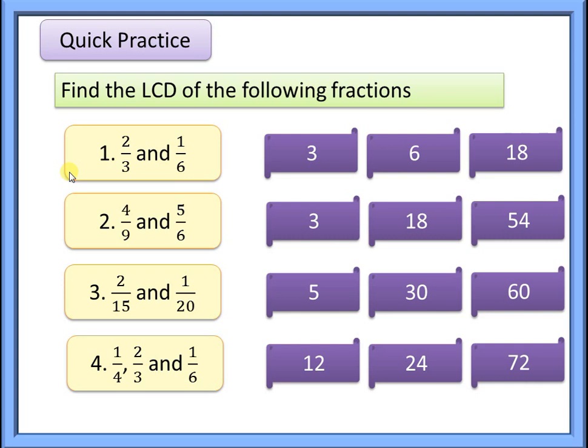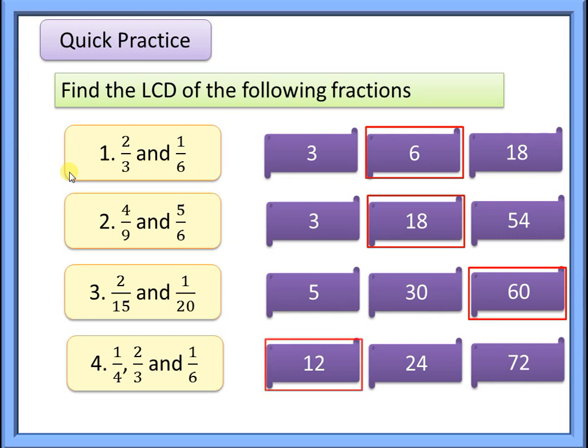Let's have 5 more seconds. Okay, time is up. Let's have your answer for the first one. 2 over 3 and 1 over 6. The LCD is 6. 4 over 9 and 5 over 6. The LCD is 18. 2 over 15 and 1 over 20. The LCD is 60. And 1 over 4, 2 over 3, and 1 over 6. The LCD is 12. Okay?